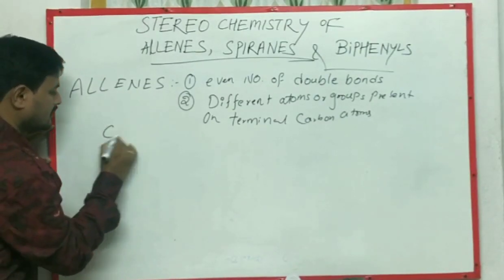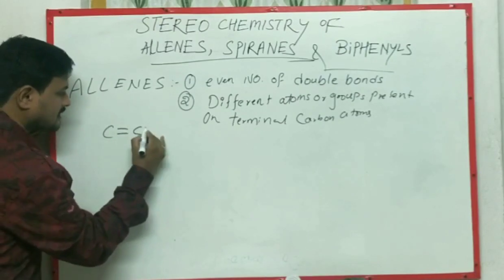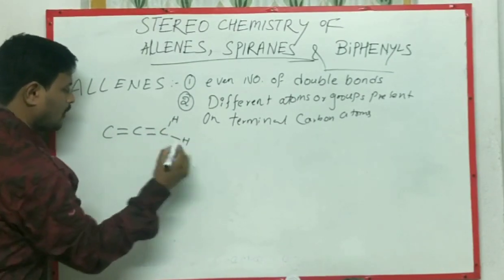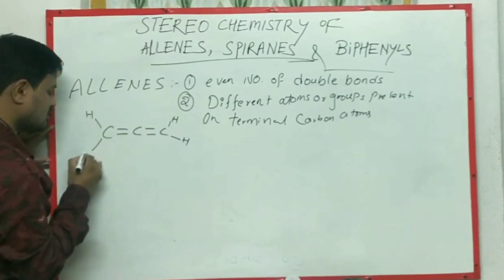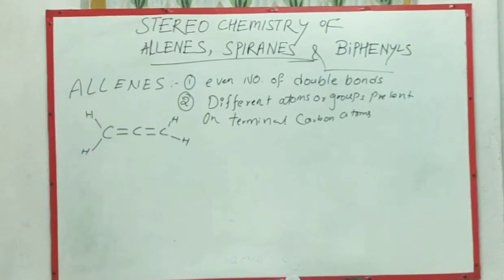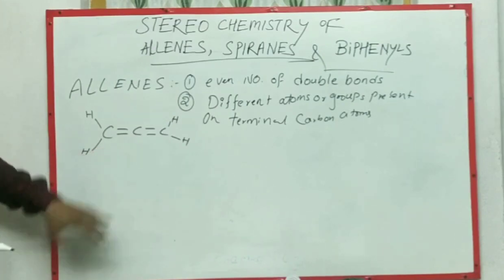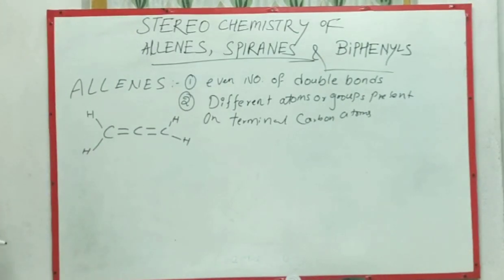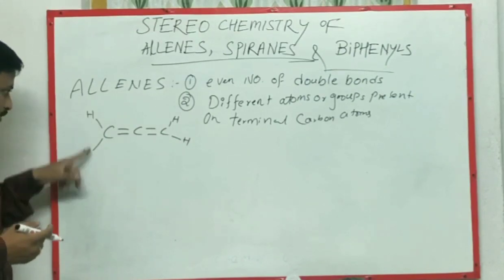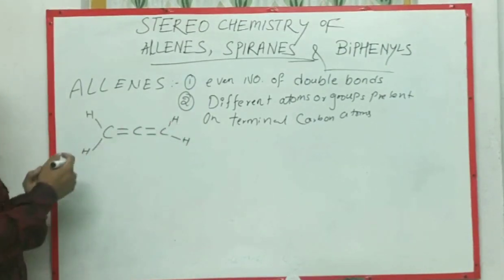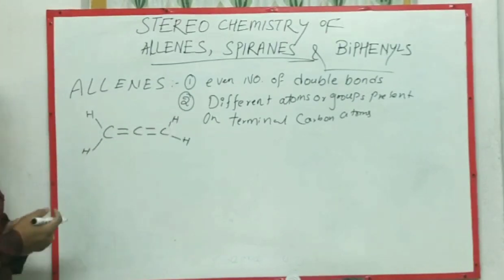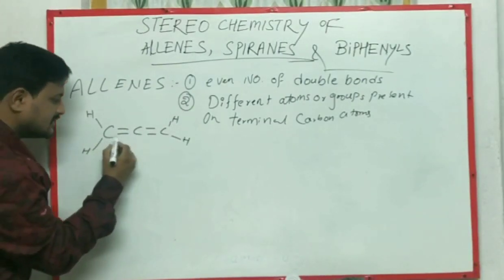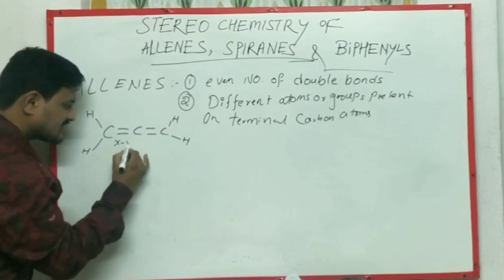Simple allene, C double bond C double bond C, with H, H, H, H. In this example we first have to consider the two terminal atoms. Actually in the case of allenes, this double bond is present in the XY plane.